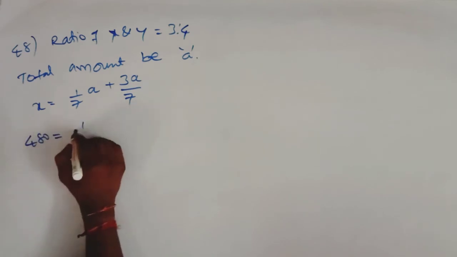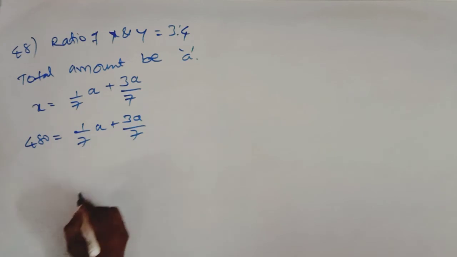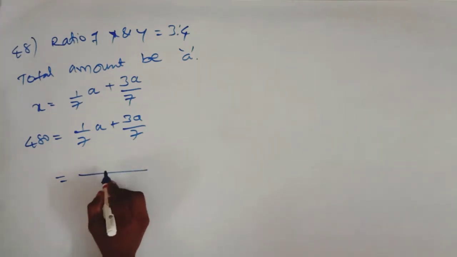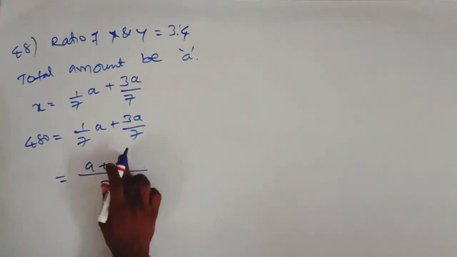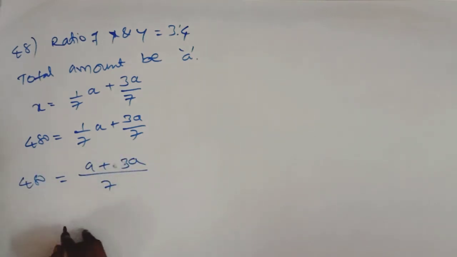That 480 is equal to 1/7 of A plus 3A by 7. Now do the LCM. That is 7. A plus 3A is equal to 480 rupees.